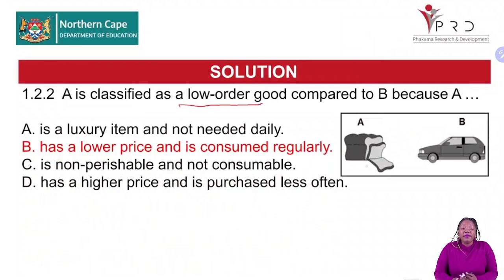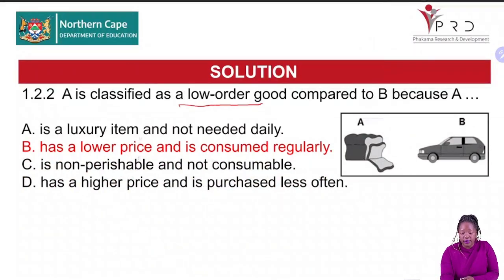There is no way that you cannot eat bread every day, and bread is also at a minimum cost, and also you cannot travel to another town or to another province to buy bread. So therefore the correct answer there is B, because it has a lower price and it is consumed regularly.